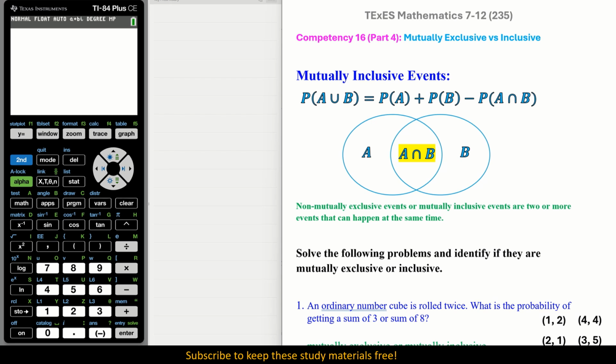So we have a Venn diagram here, and we see the probability of A, and then we have the probability of B, but we have an overlap where they could happen at the same time. That overlap has to be subtracted out of our probability, okay?